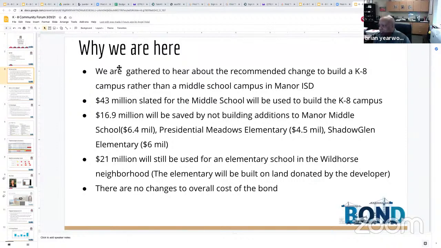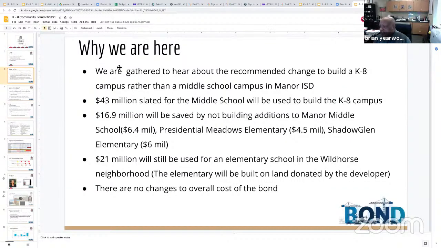Our recommendation is that instead of building a middle school, we build a K-8 campus. In addition, we'll be saving $16.9 million by not adding on to Mena Middle School, Presidential Meadows, and Shadow Glen Elementary.